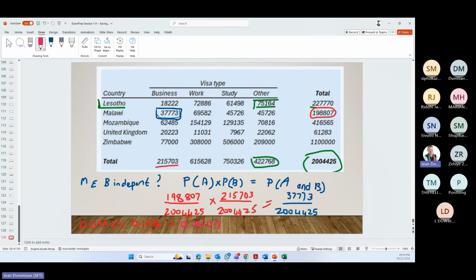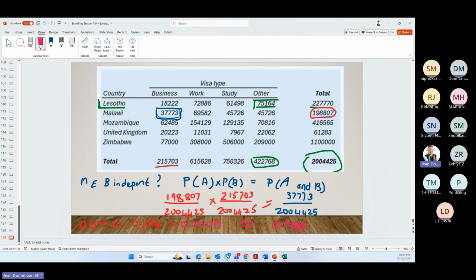So if we say 3777 divided by 2004425, that answer is 0.0188. Okay, so very close, but not exactly the same.